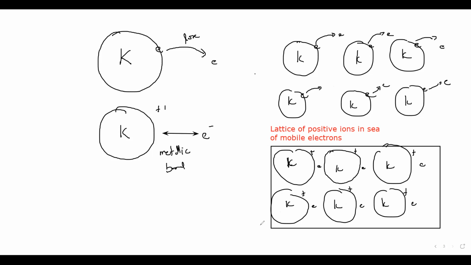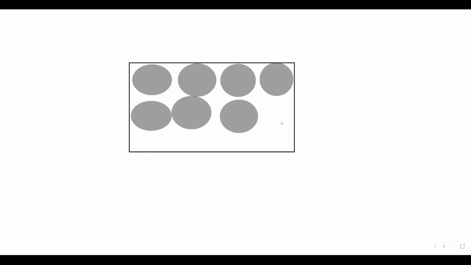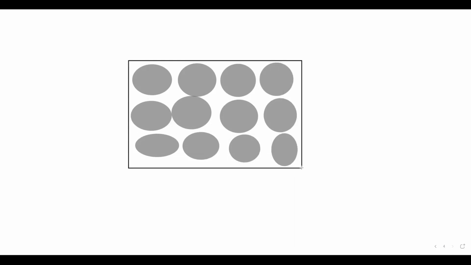So in exam, when they say draw the structure of a metal or draw a metallic structure, for any metal, how do you draw the structure? You will draw the positive ions very close to each other. So the positive ion is there.